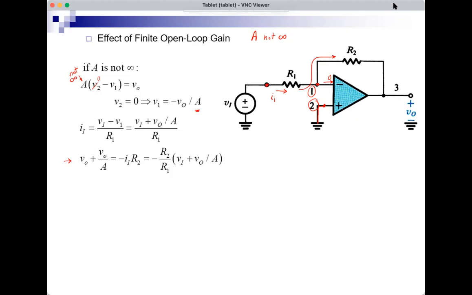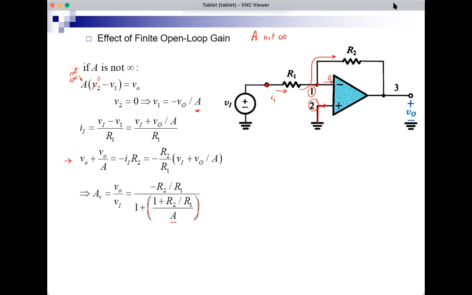So let's rearrange and see what is VO over VI in this case. AV, the gain, would be minus R2 over R1, what we got previously, divided by 1 plus R2 over R1 over A. So this is consistent with the previous result, because if A goes to infinity, this term would go to 0, and AV would be minus R2 over R1.